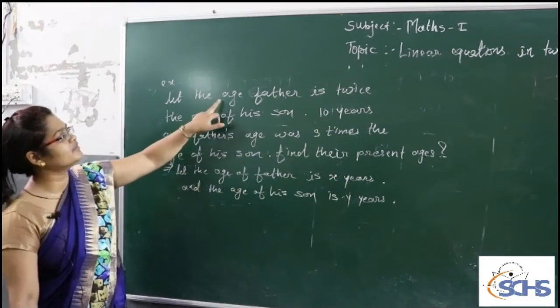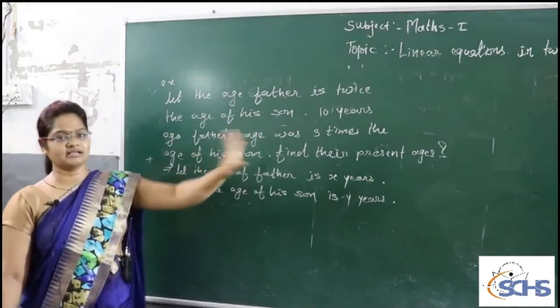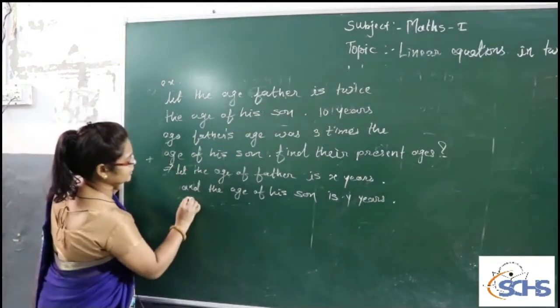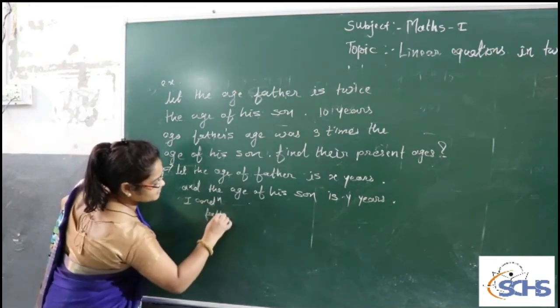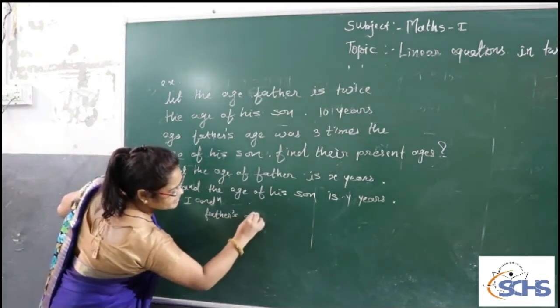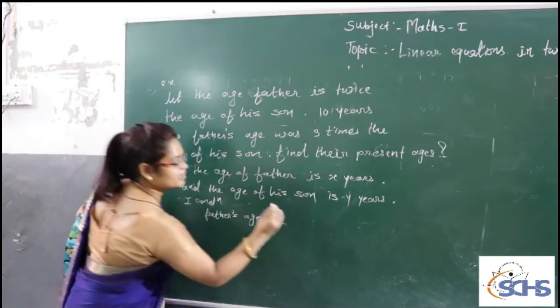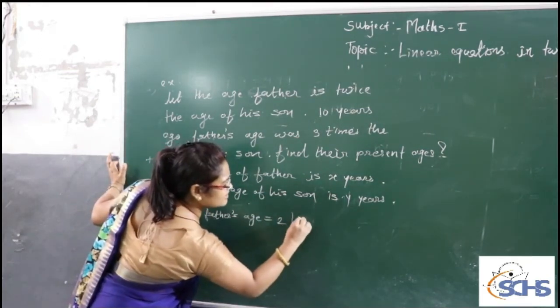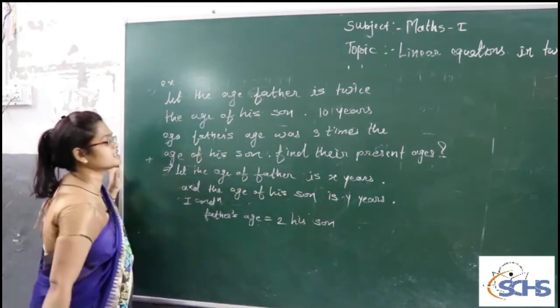First condition we have given the age of father is twice the age of his son. It means according to first condition, father's age is equals to twice, means 2 times the age of his son. Okay, now what is father's age?